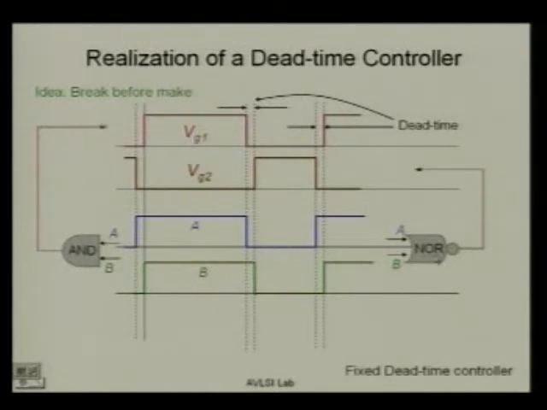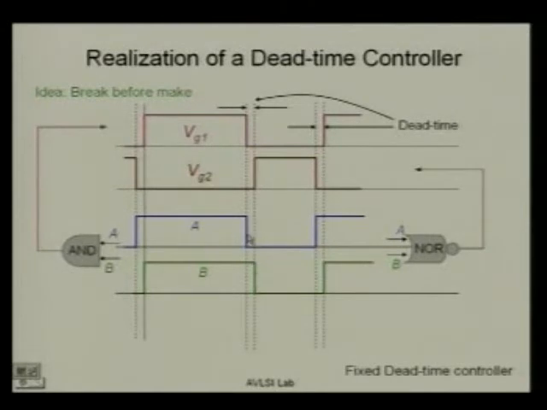dead time controller. There will be a NOR gate and an AND gate, and these are the switching signals A and B. The switching signals are generated from your controller, and these switching signals are a bit shifted. These shifted switching signals generated from your controller pass through these gates and then to the driver, and will actually generate this dead time. And then how do you shift this switching signal?